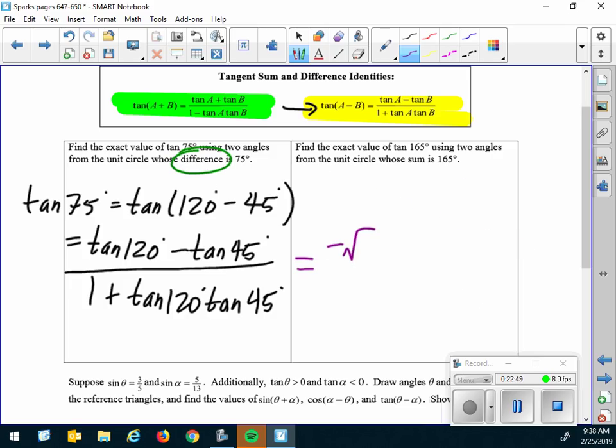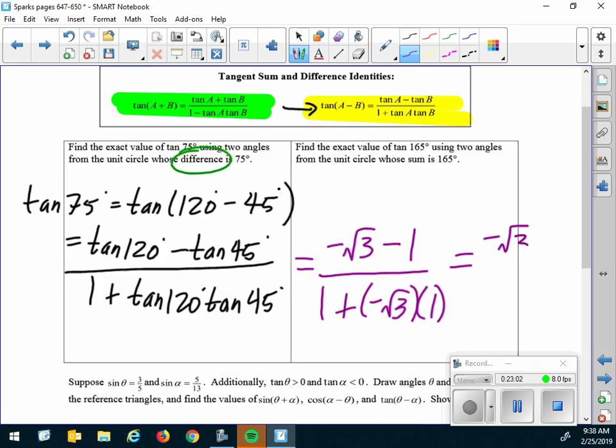So this is negative square root of 3 minus 1 over 1 plus negative square root of 3 times 1. So we're going to get negative square root of 3 minus 1 over 1 minus square root of 3. That's it.